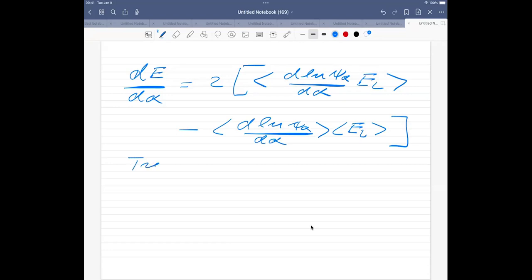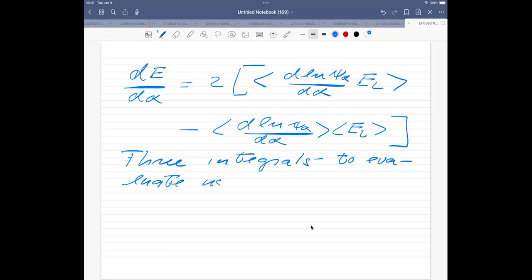One we already have, but we need to evaluate this integral, and we need to evaluate that integral. So we have 3 integrals to evaluate using Monte Carlo sampling, and then we're going to take a break now.